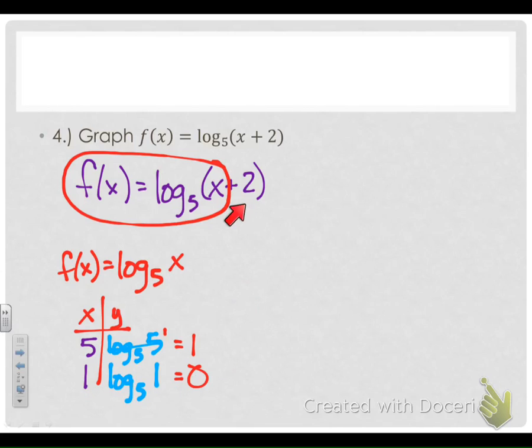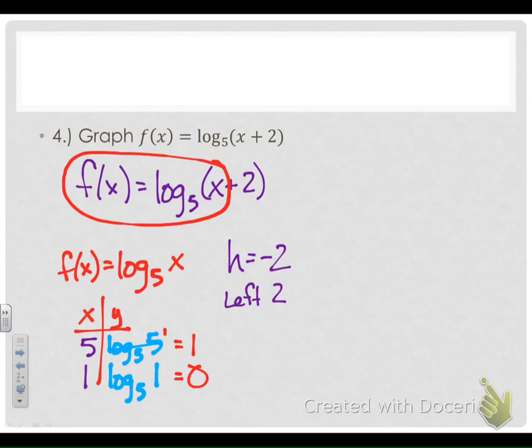This is going to translate. We've got to determine, is it an h or a k? Since it's in parentheses, h is equal to 2. Whoopsies, hold on. h has to change its sign when you analyze it, so h is actually equal to negative 2, meaning we're going to translate left 2.